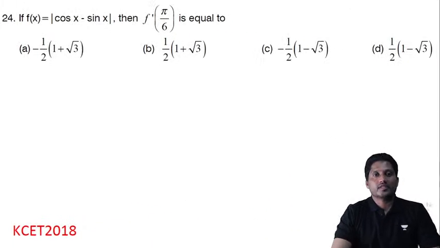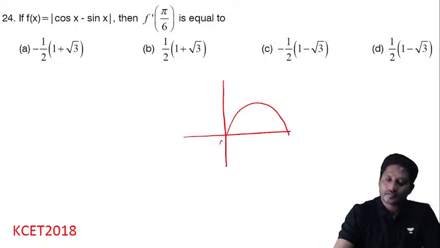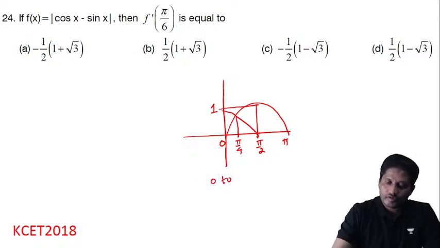Let's move to the next question. See, this is the sine graph, right? From 0 to pi, the sine graph's maximum value is 1. This is pi by 2, and cos 0 is 1. At 45, from 0 to 45, cos x is more than sin x.